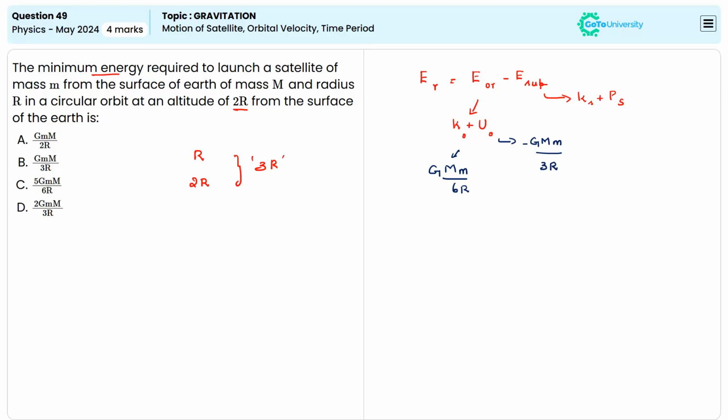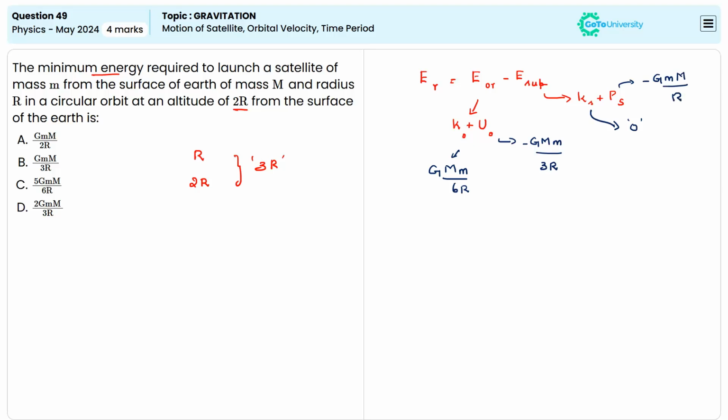Similarly, the energy at the surface can be calculated using the gravitational field strength formula, whereas the kinetic energy at the surface will be 0 because the satellite will be at rest on the surface of the Earth, whereas the potential energy at the surface will be equal to minus GMm divided by r.